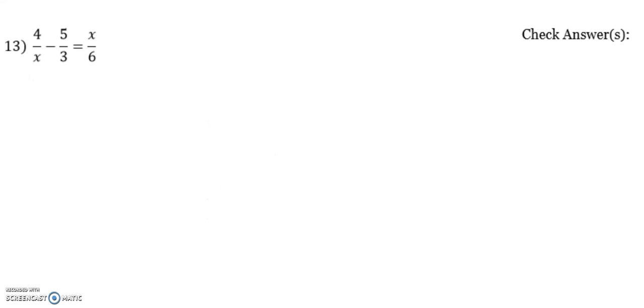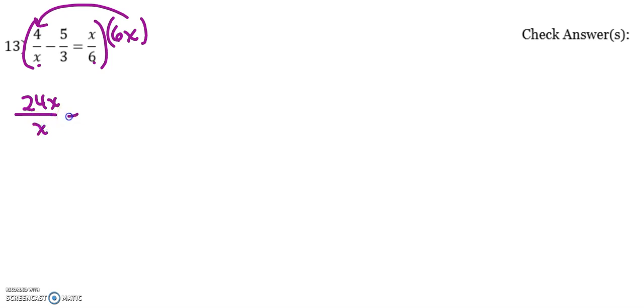All right, rationals. I choose to clear my denominators, so my least common denominator here is going to be 6x. So I'm going to multiply everything by 6x. So this will become 24x over x minus 30x over 3 equals 6x squared over 6.